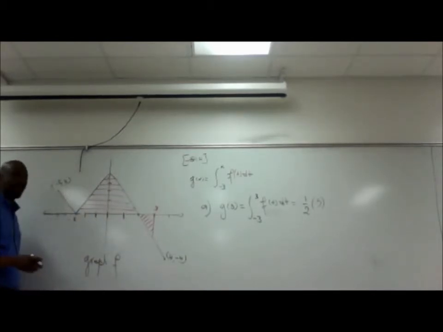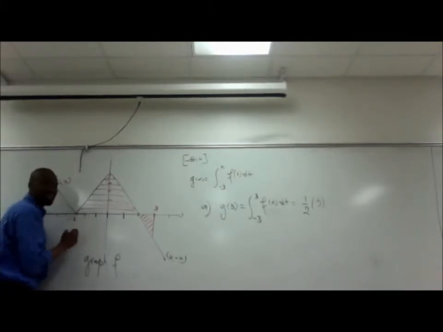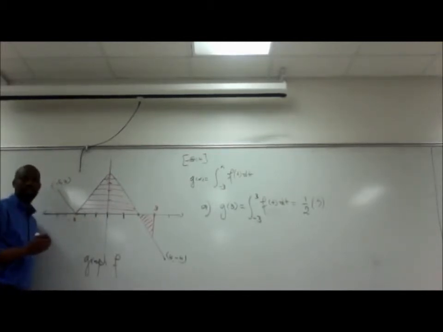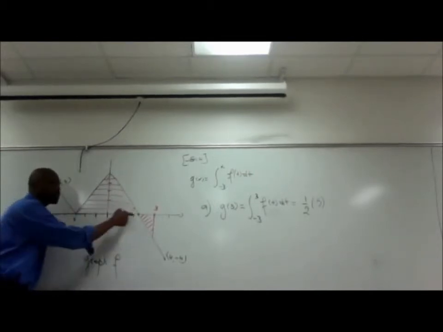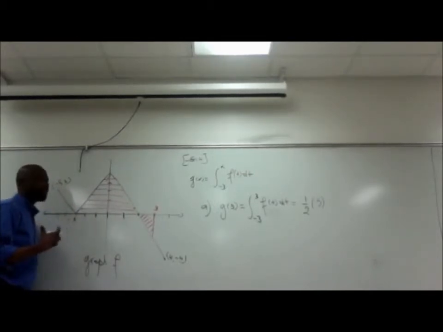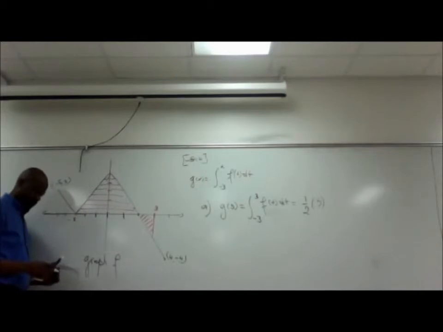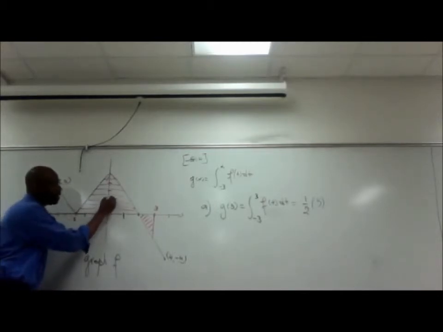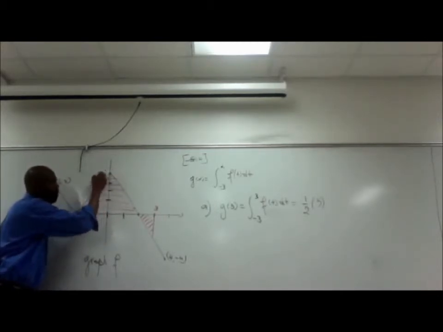From -3 to 2 is 5. Don't count the one you start on. Okay, how much is the height? 4. 1, 2, 3, 4.